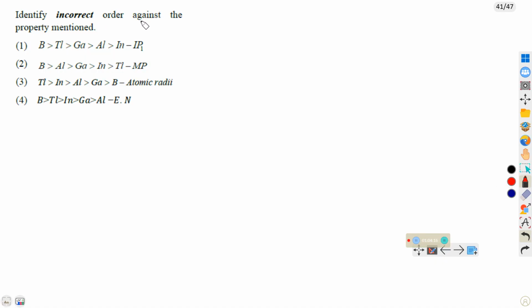Identify incorrect order against the property mentioned. Second one. Why gallium melting point value is low? That's the reason gallium is called as summer liquid. So the correct order of melting point is boron greater than aluminium, greater than thallium, greater than indium, greater than gallium.